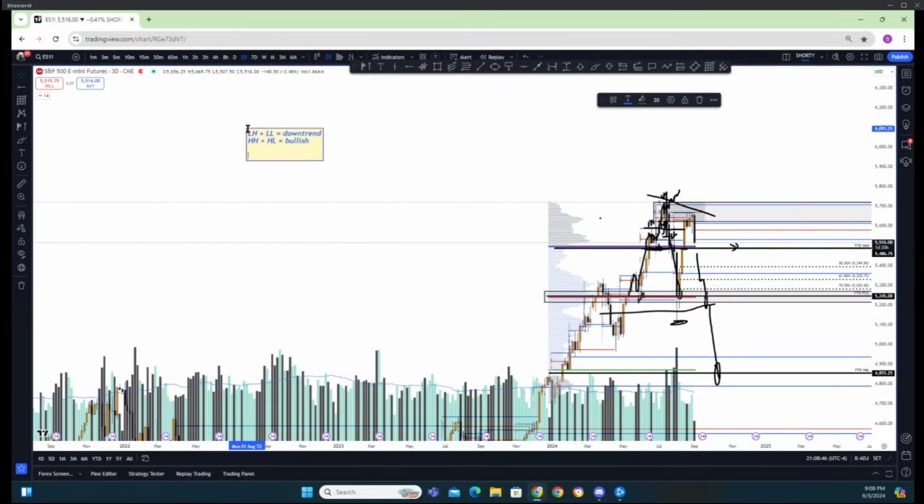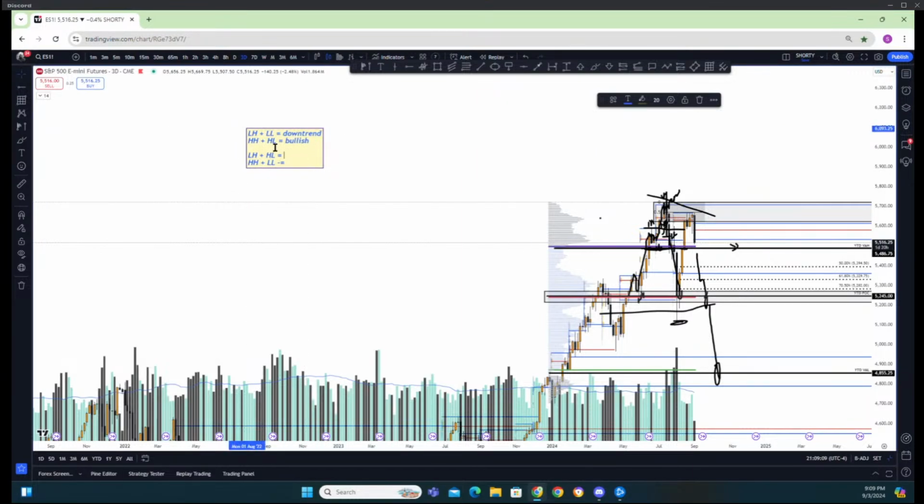What is this? A bracketed market. What are these, the last two? Consolidation.